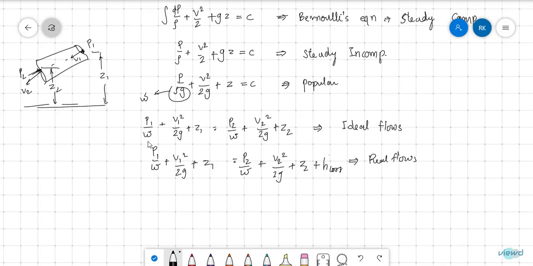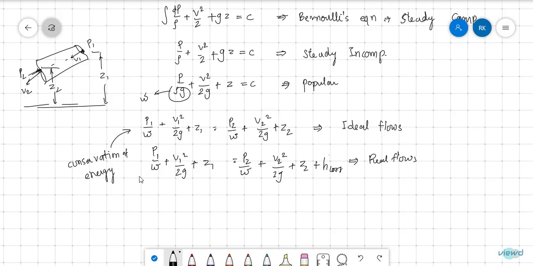We can see that the left hand side and right hand side are energies, so energies are balanced. This is called conservation of energy. Bernoulli's equation is the best representation of conservation of energy in fluid mechanics.